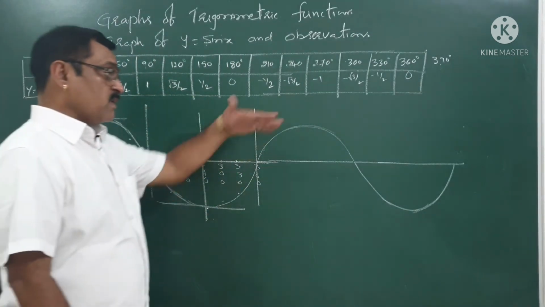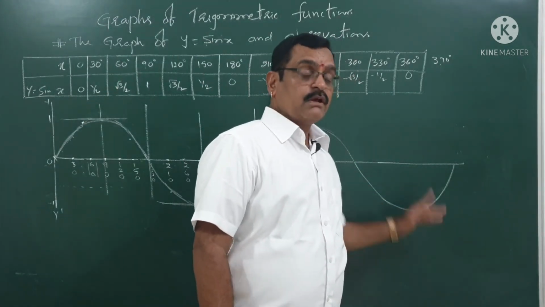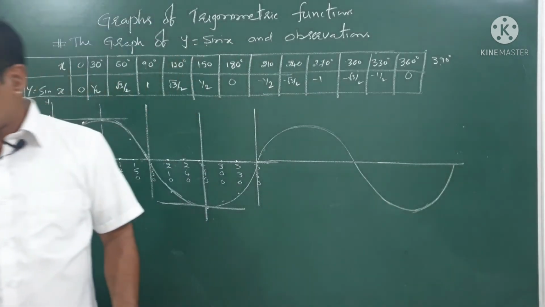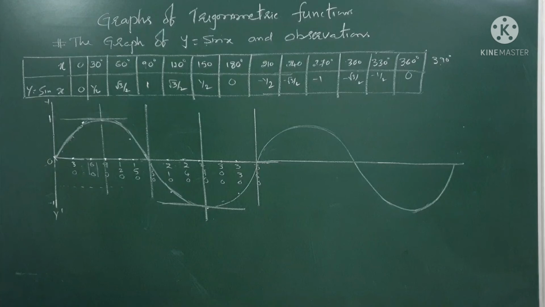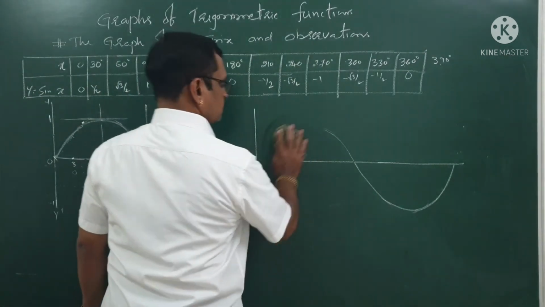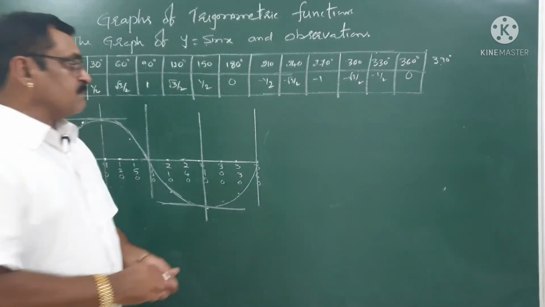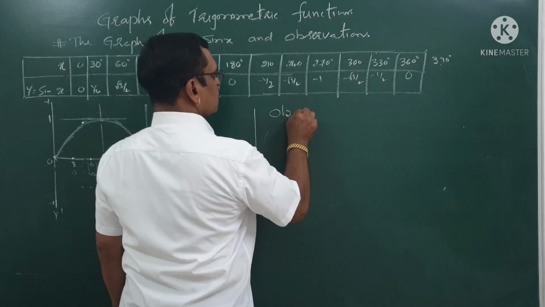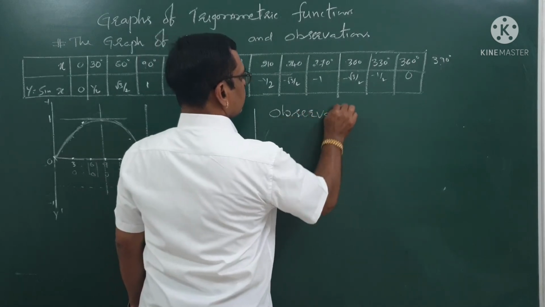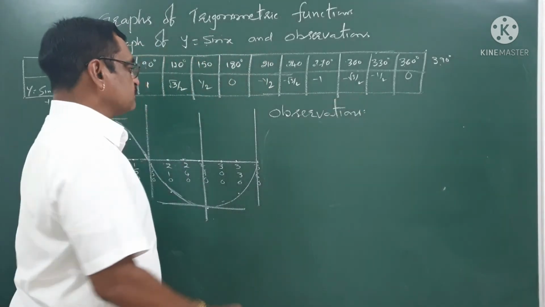That means again the upper limit is 1, the lower limit is minus 1. So, one by one, let me write. Observations.